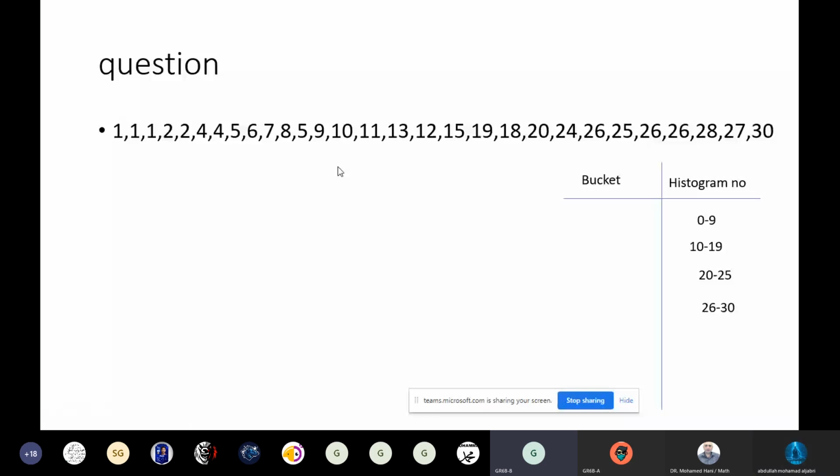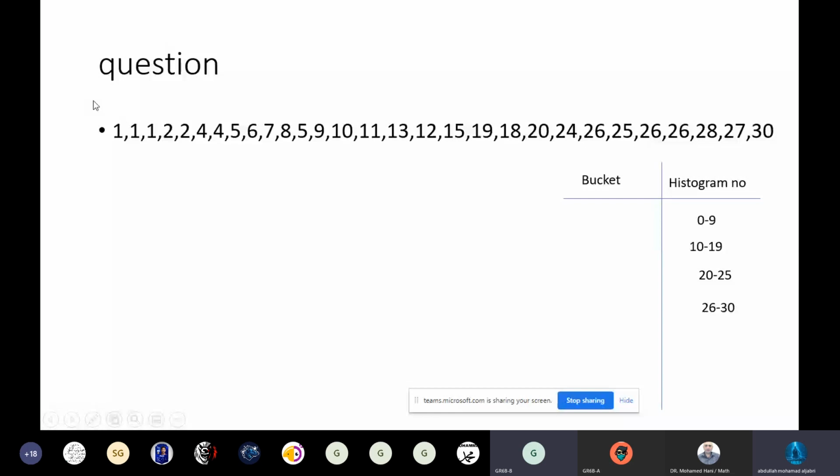Okay. I will give you a question. In your notebook, we want you to arrange this data set. I put here the numbers of the histogram to make it easy for you. You can start now. Can you hear me? Yes. Okay.